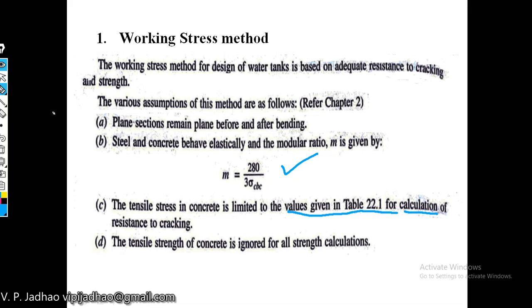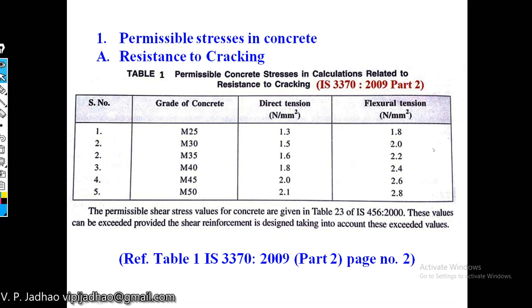So there are some values given in IS 3370, table number 1 in IS 3370 2009 part 2, where depending upon the grade of concrete, we are given direct tension values and permitted flexural tension values. This is the table which we will be using for design purposes.